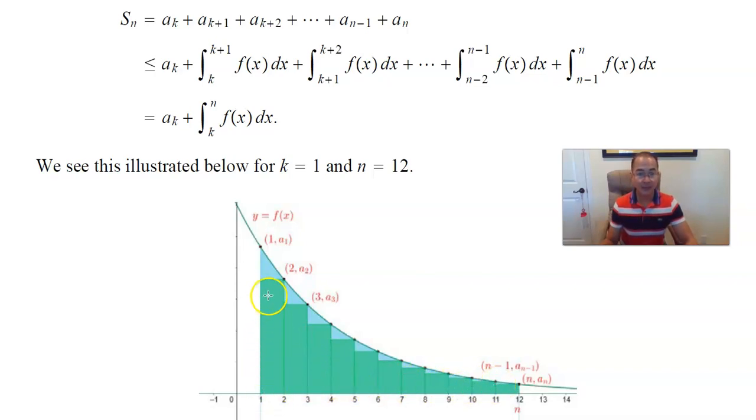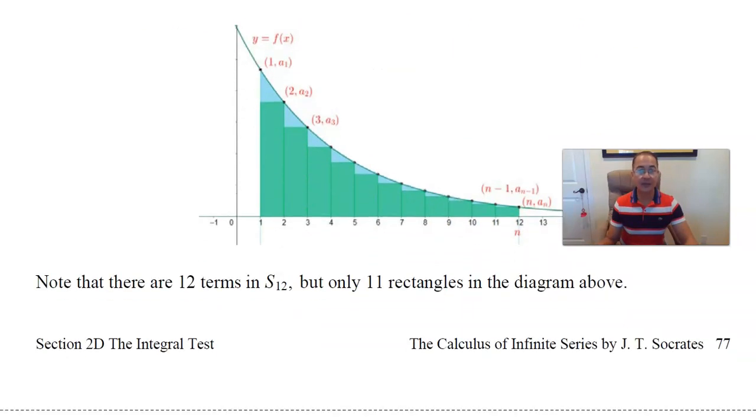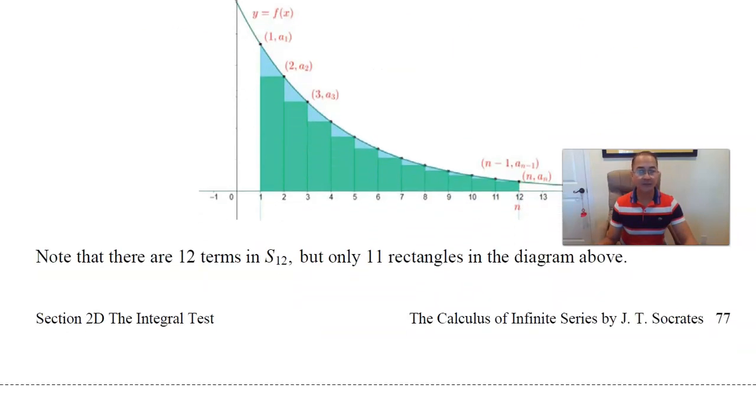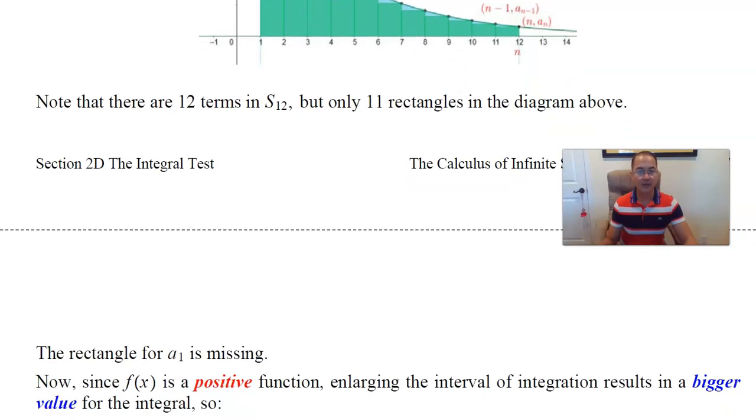And as we can see, those rectangles are below the function from 1 to 12. So that diagram illustrates that inequality when k is 1 and n is 12.